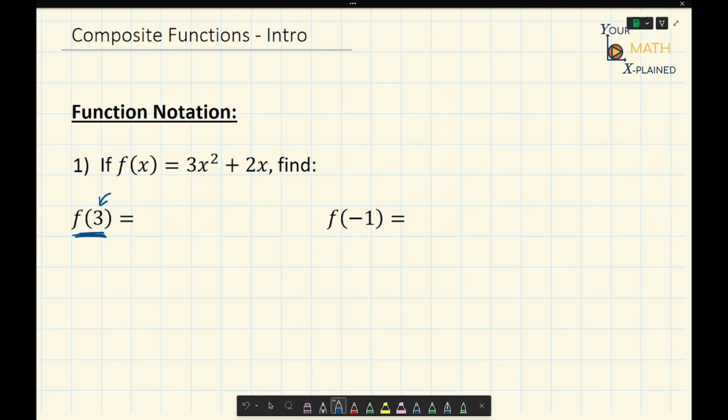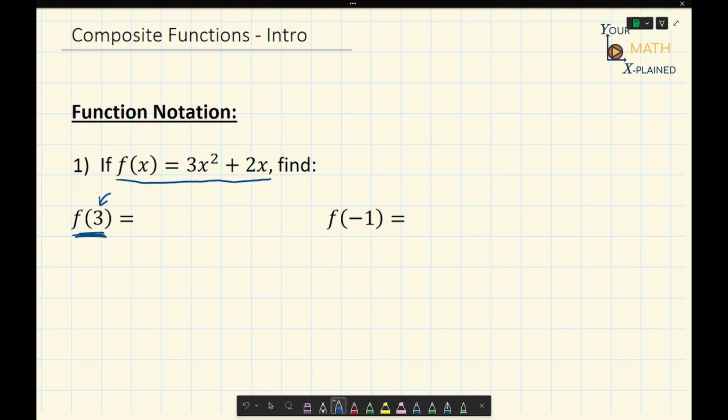In this example, we have f of x is equal to 3x squared plus 2x. And what we want to do is evaluate what f of 3 is. Meaning if we have 3 as the input, what is going to be our output? You might remember that all you need to do is substitute this input value in place of the variable in the question.